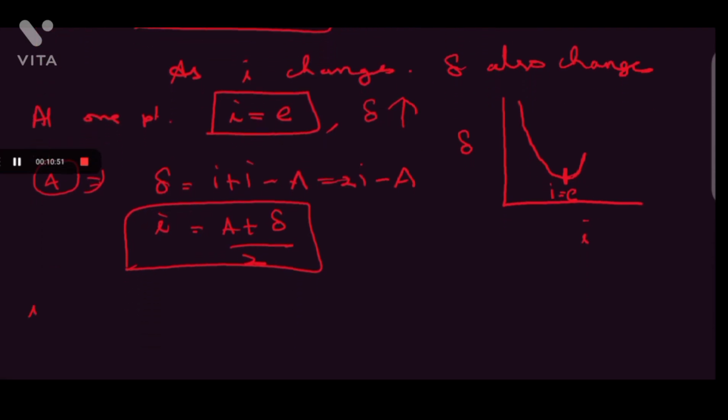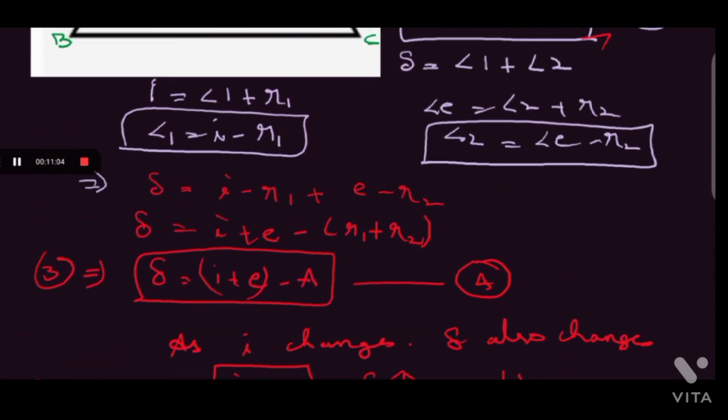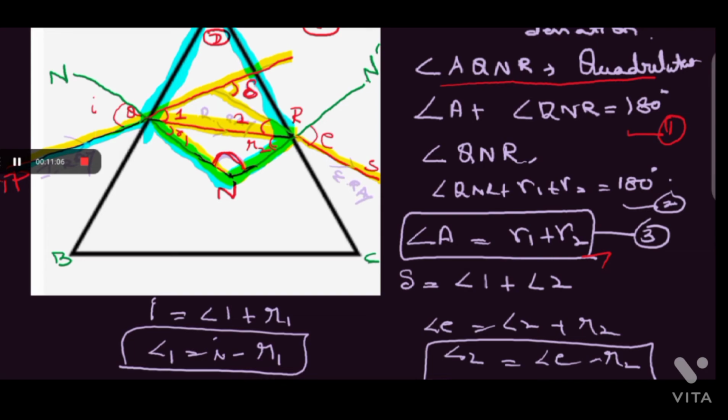As I said, when I is equal to E, this implies from the diagram that PQ and RS are parallel to each other. If they are parallel, R1 and R2 are the same.